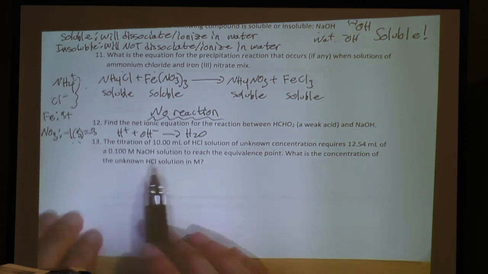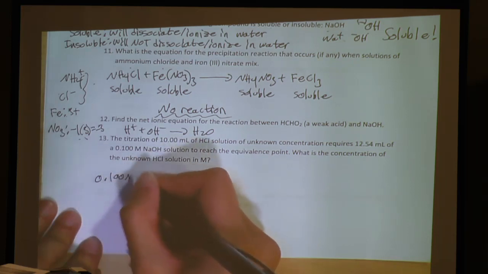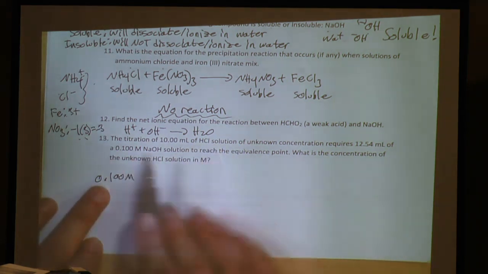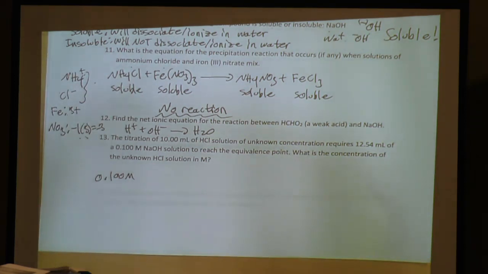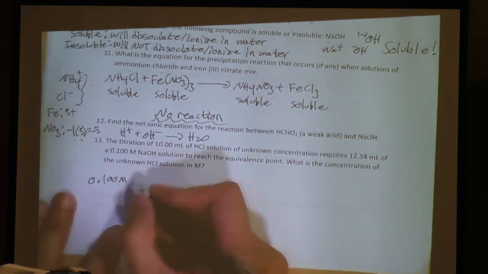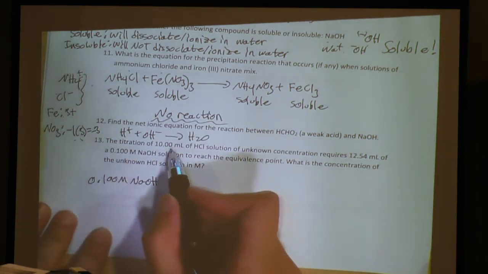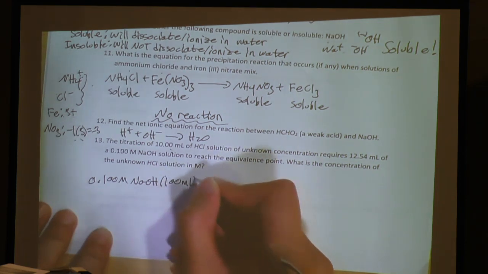So what we're going to do is take our molarity of NaOH, 0.100 moles per liter NaOH, and multiply it by our volume.